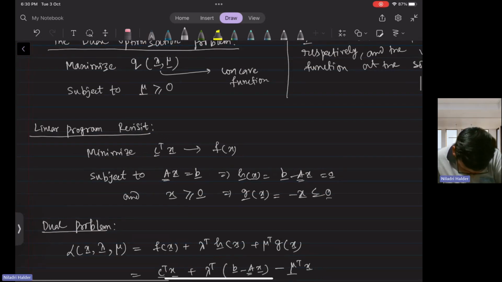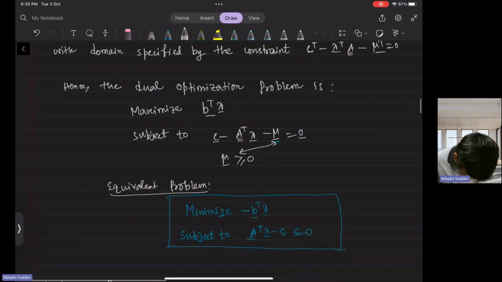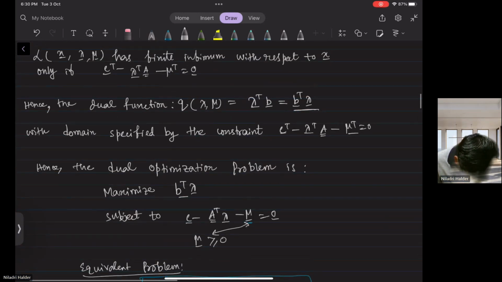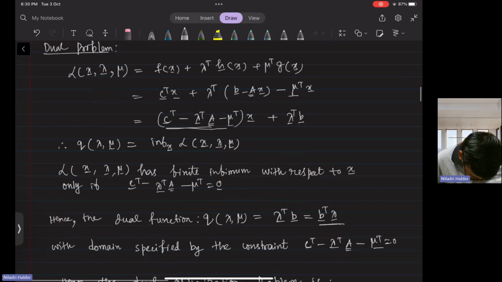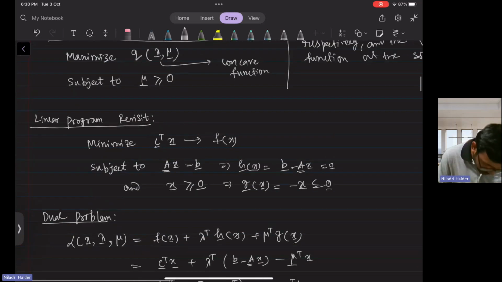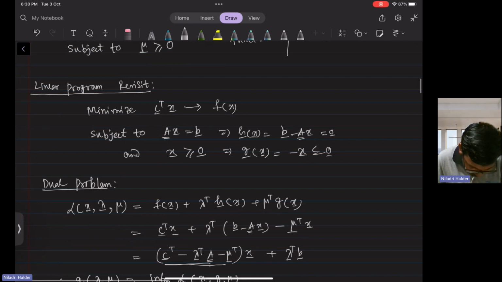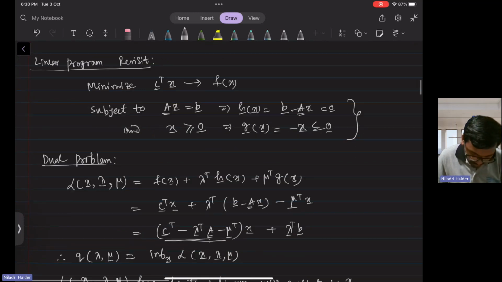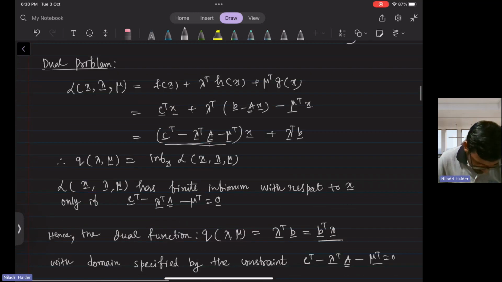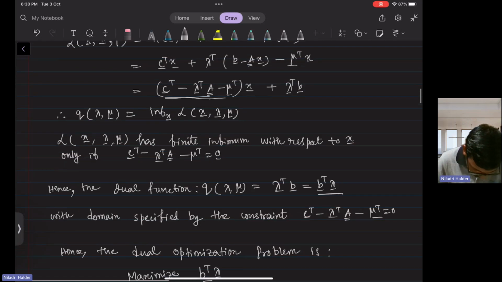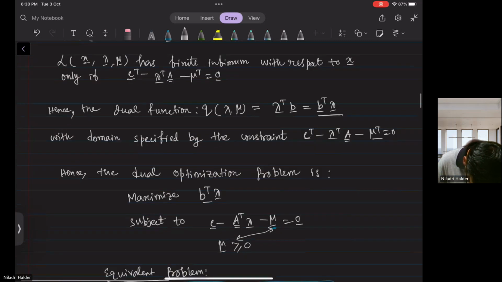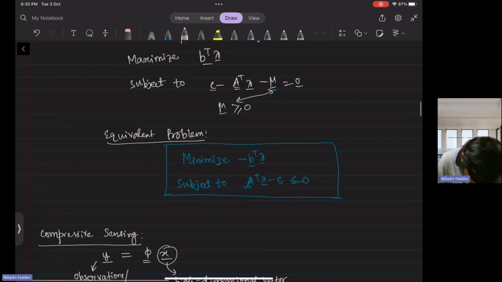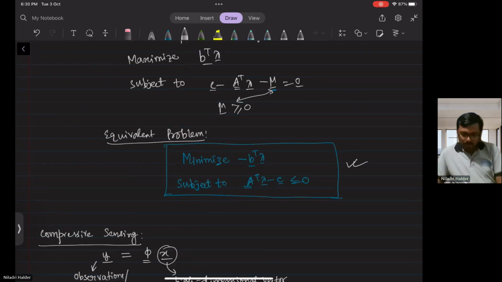So here you see that this is finding the dual problem of the linear program, very basic. So here I found the dual problem of this linear program. So this is the dual problem. You can see that I solved that in the last lecture.